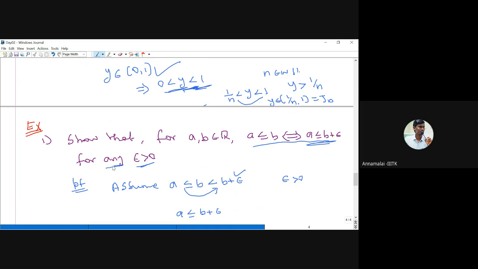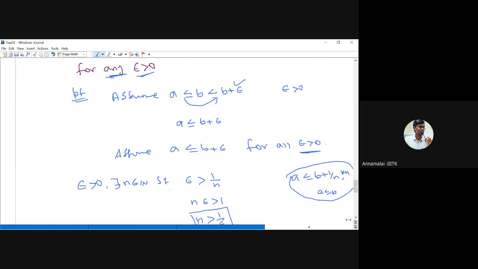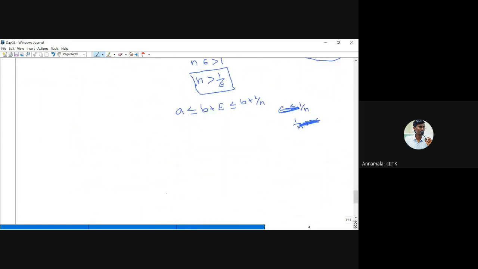That is very important. These are all useful results to prove the inequality a is less than or equal to b.